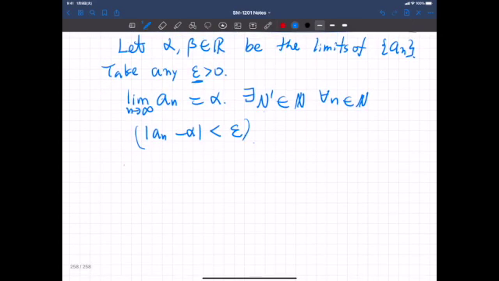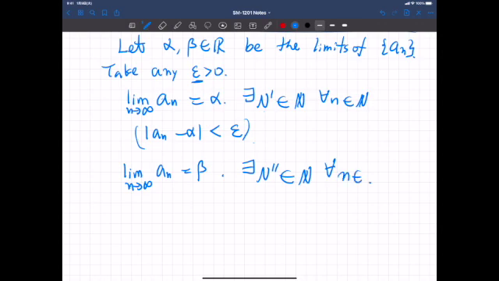And similarly, since beta is also a limit of a_n, there exists some natural number, let's call it n double prime, such that, oh wait a minute, sorry, this should be: if n is greater than or equal to n prime, then |a_n minus alpha| is less than epsilon.